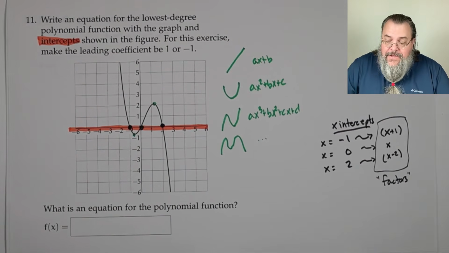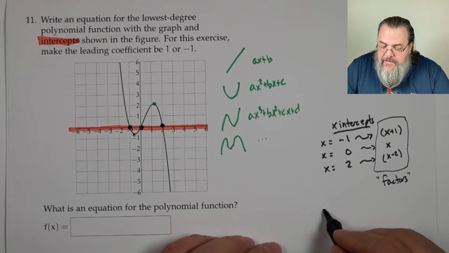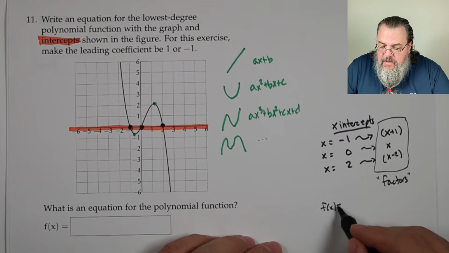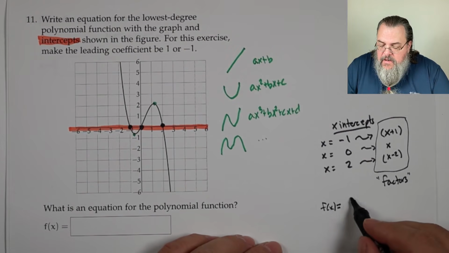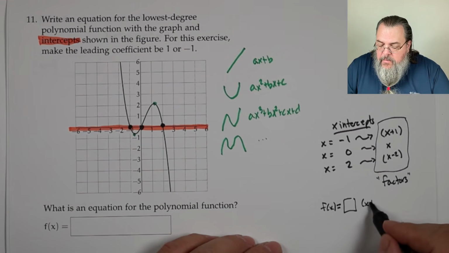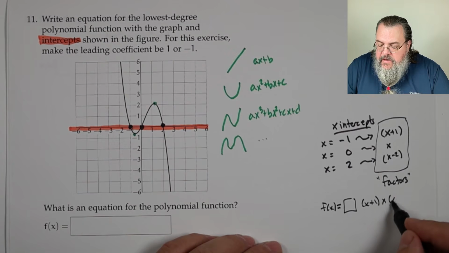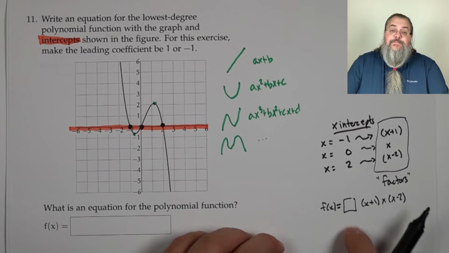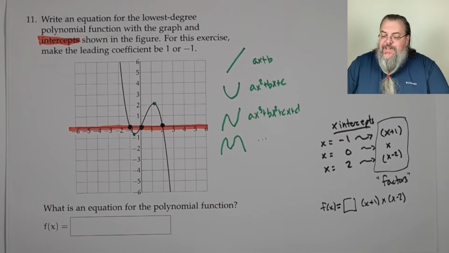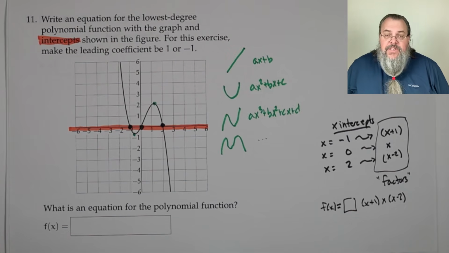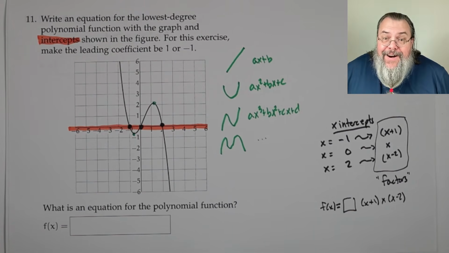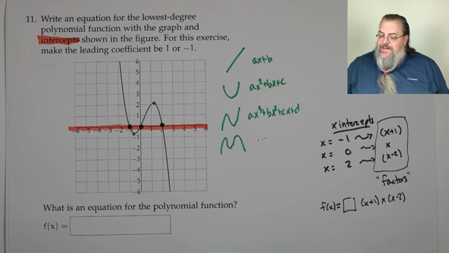So what is our function? Well, the answer is our function f of x is going to be x plus 1, x, and x minus 2. Now, I've put it in a box here. And you're like, whoa, what's in the box? Why did you put a box?